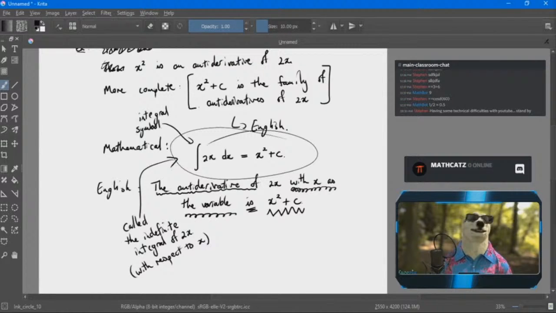Now, when I only have one variable, it's sort of implied what the variable is, so I don't have to say that bracket portion. But in this mathematical representation, I do need to have my integral symbol telling everyone we're looking at antiderivatives, and my dx, or the d with whatever the variable name is, to indicate that x is my variable and nothing else.